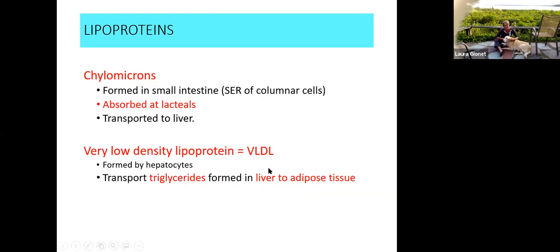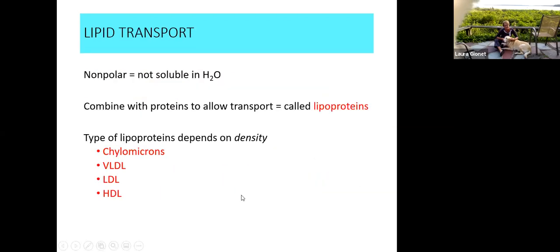So what we're saying is that, as it says previously, the type of lipoprotein depends on density. The less protein you have, the less dense it is, like fat floats, all right? The more protein you put on, the more the ratio goes from being non-polar covalently bonded molecules to polar proteins within it.